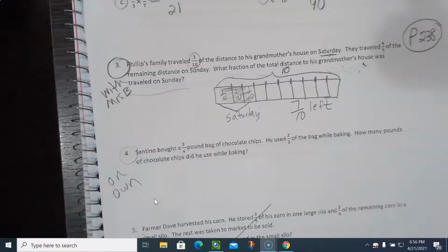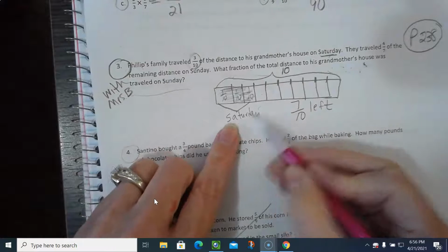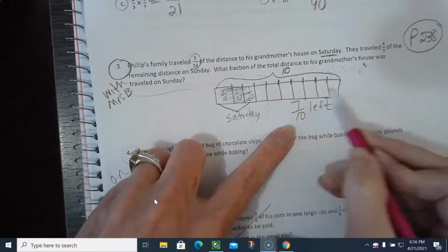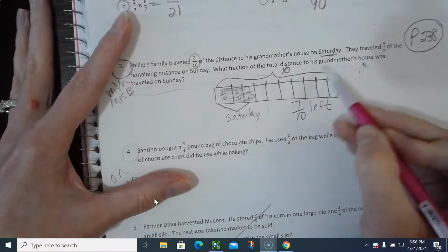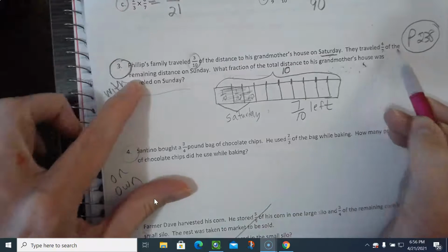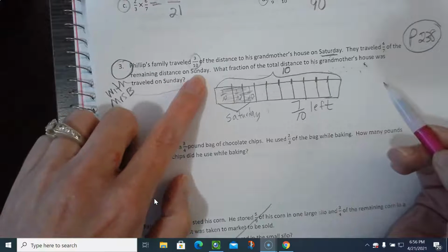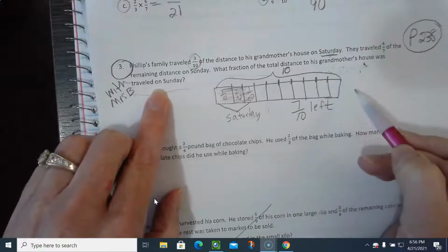And now I'm going to go back in and see exactly what they're asking me. I know that this is used up already. I know that I have to do something with this leftover to fill the rest of that trip. So now it's saying that they traveled 4/7 of the remaining distance on Sunday. What fraction of the total distance to grandmother's house was traveled on Sunday?